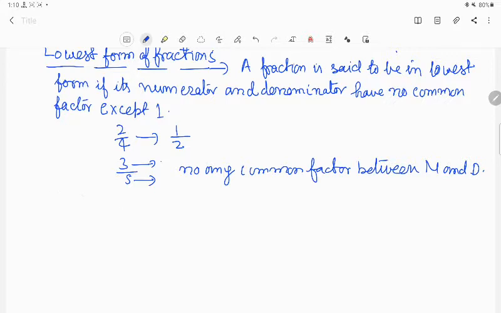Now equivalent fractions. Sometimes lowest form is also called standard form or simplest form. So the fractions whose lowest forms are same are called equivalent fractions.